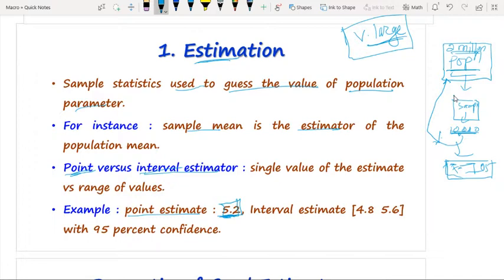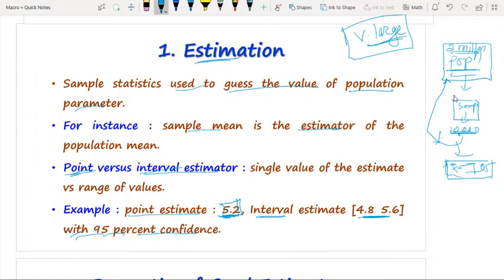However, we can make an estimate as an interval, a range of values. For example, we can say that the population mean lies in the range of 4.8 to 5.6, and there is a level of confidence associated with this range, here 95% confidence.